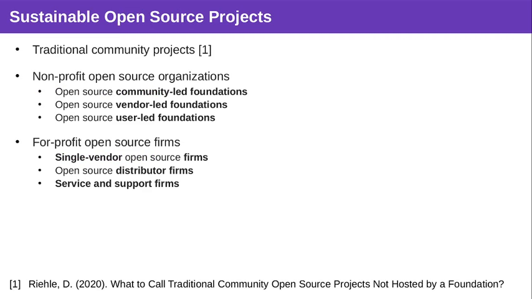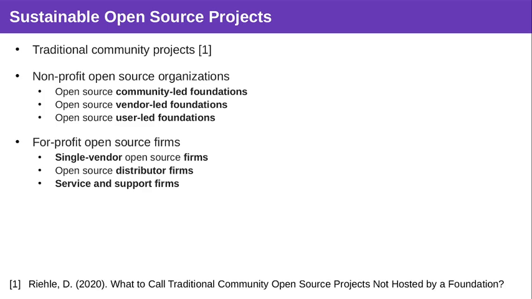And open source, because of these separate phenomena or coarse patterns of how legal entities like non-profits or companies organize, has become sustainable. If it wasn't for these models, open source might not be sustainable. The non-profit organizations are community-led ones like Mozilla, vendor-led ones like the Linux Foundation, and user-led ones like the Kuali Foundation for university software.